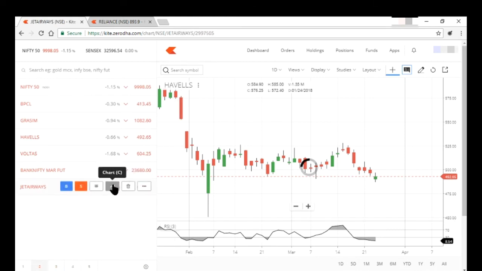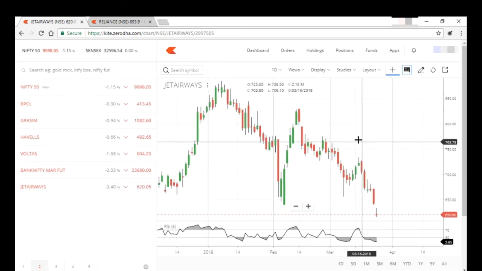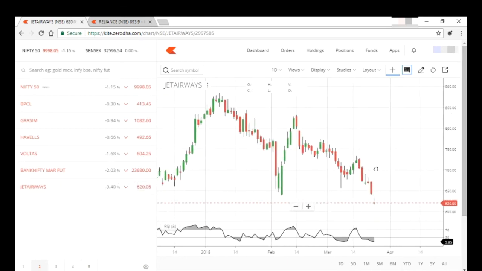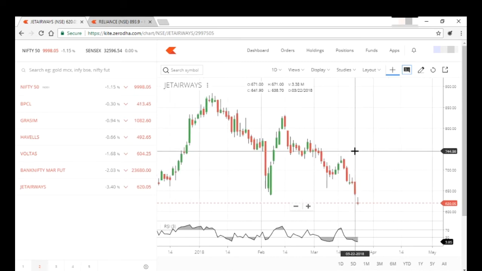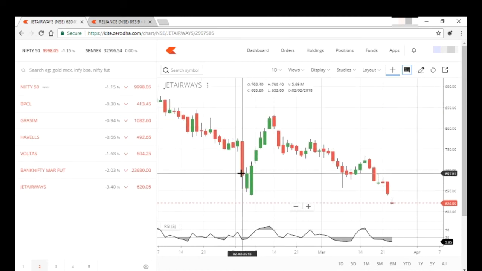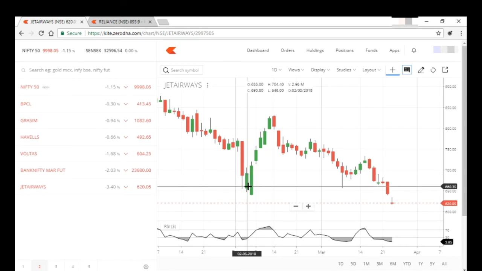Okay, let's look at Jet Airways, my favorite stock. I used to trade this stock last month, and see here, in this red candle the close was at 685.6 and the very next day the stock opened at 655. Right here, the previous day close was here and it opened the next day at 655, and then it gave the signal that it is a failed gap down.